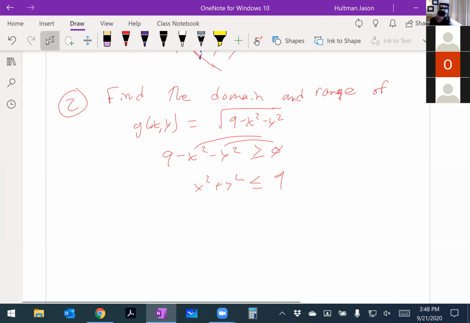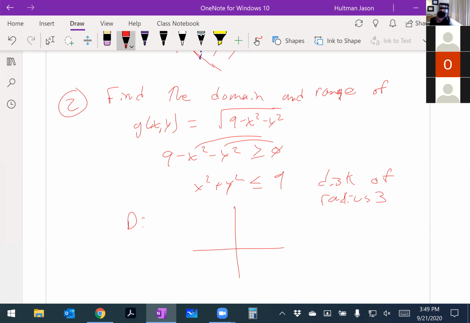Okay, and what is that? Well, that's a disk of radius 3. So the domain is a disk of radius 3, and everything inside of this disk is a part of the domain.